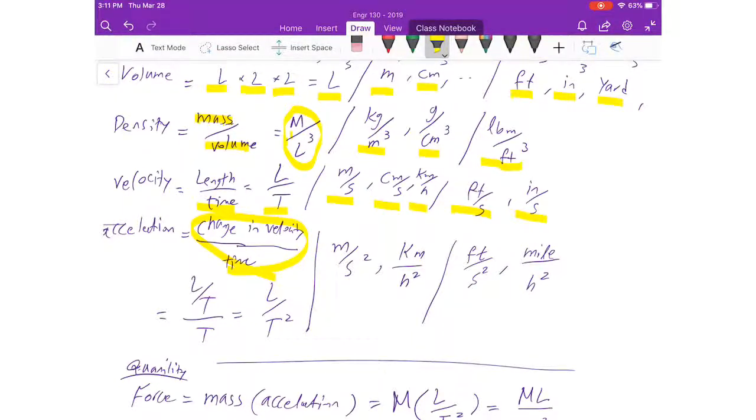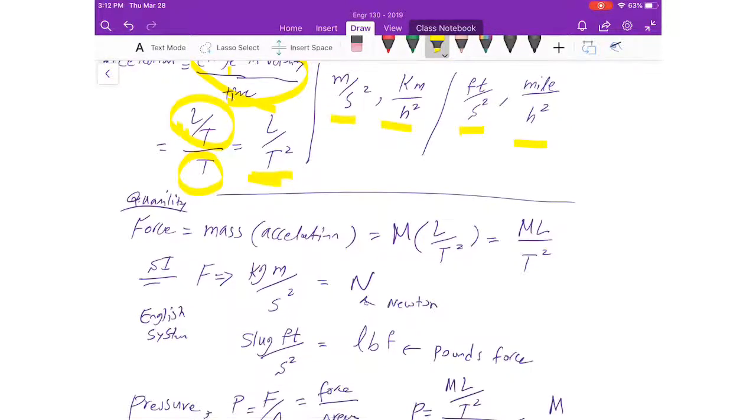If we are accelerating in our car, it means how our speed is increasing with respect to time, how fast we are speeding up. The dimension will be velocity, L over T, in the numerator, over time, and the result will be L over T square. So meter per second square, kilometer per hour square, feet per second square, mile per hour square.